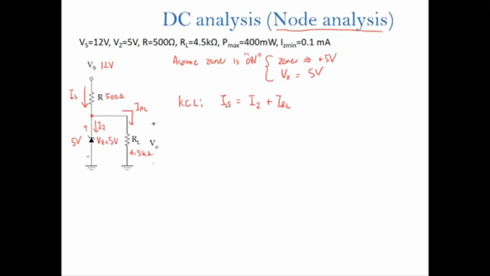For example, what is IS? IS is the voltage across from VS to this node. This node is plus 5 volt. So IS is equal to 12 minus 5 over 500.